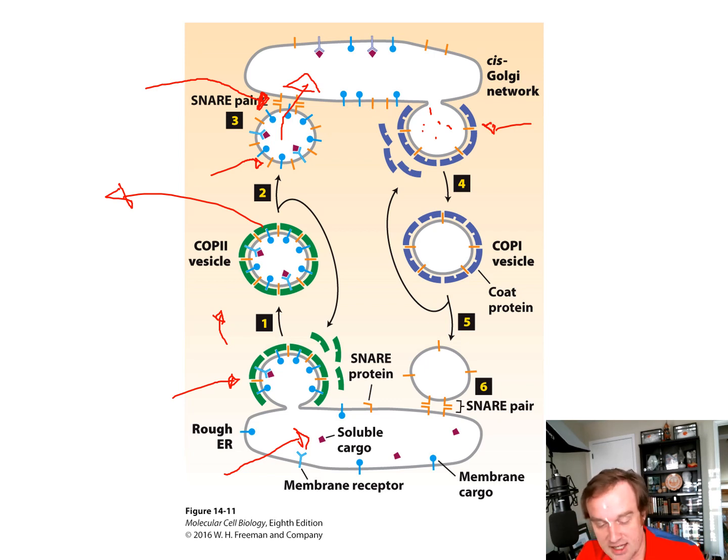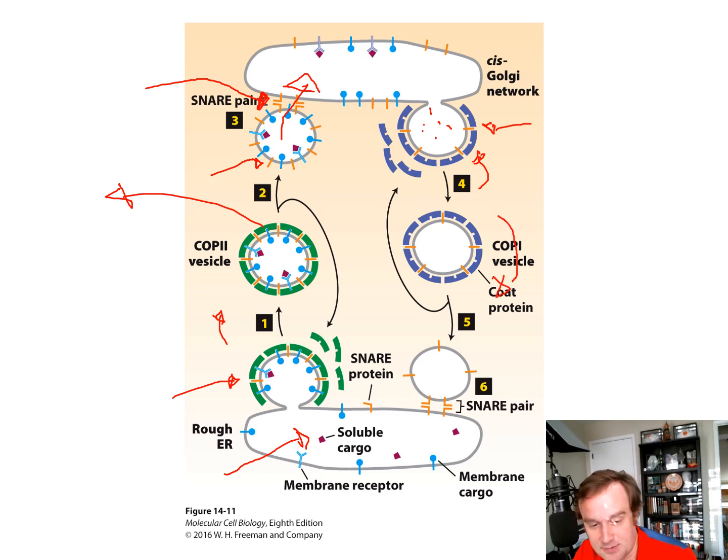So then in step 4 here, we are recruiting this COP1 coat to target it back to the ER. And in step 5, this COP1 coated vesicle pinches off the cis-Golgi membrane and is free.